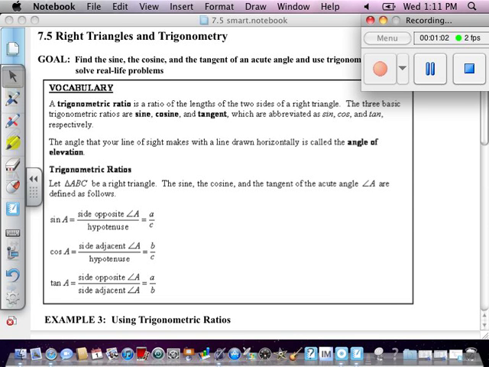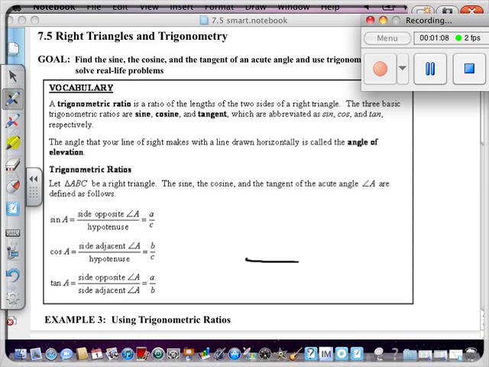We're going to let triangle ABC, so you have this drawn on here. You have triangle A, B, C, and little side a, little side b, and little side c. We're going to talk about angle A in this instance.